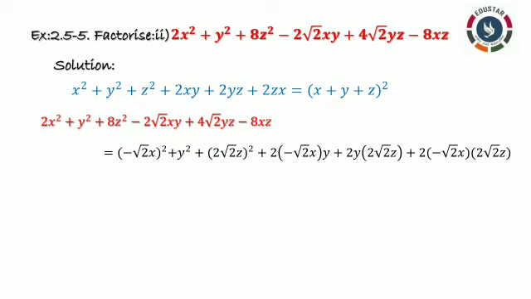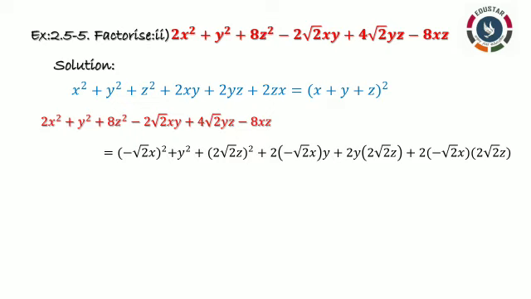Now comparing with the identity, we have got x square plus y square plus z square terms. Now the next terms will be 2 into minus root 2x into y plus 2y into 2 root 2z plus 2 into minus root 2x into 2 root 2z. If you multiply, you will get the same answer as given in the question.